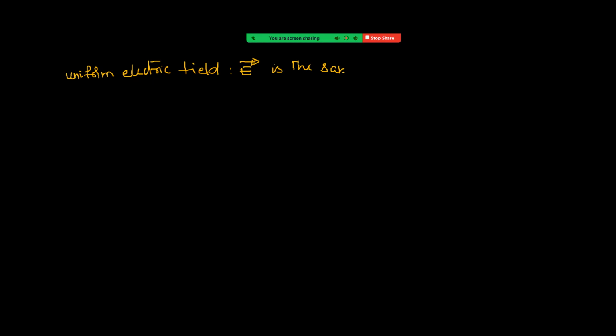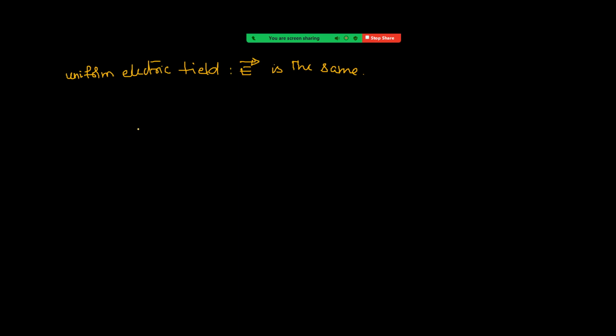E bar the same means the same modulus value and the same direction at each and every point. If the E bar vector has the same magnitude and the same direction at each and every point, then that is called a uniform electric field. Now we are placing a dipole.